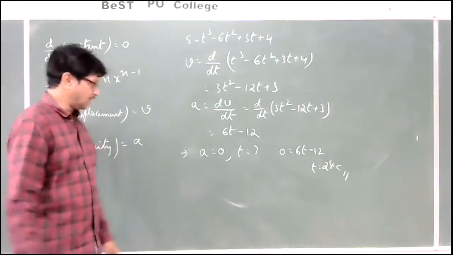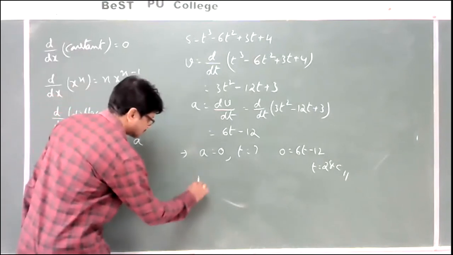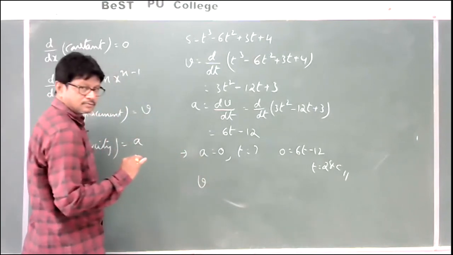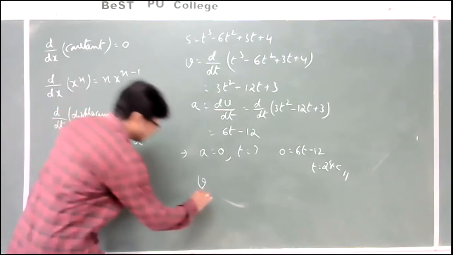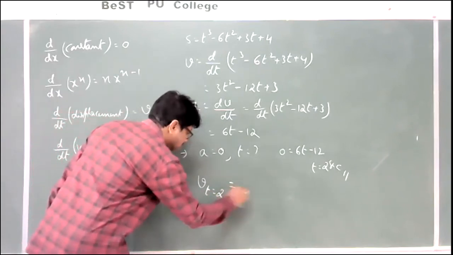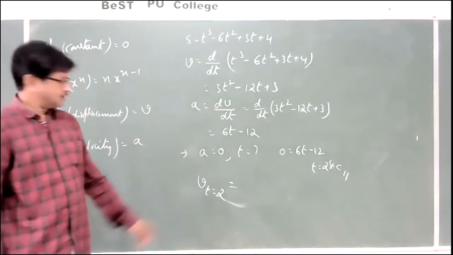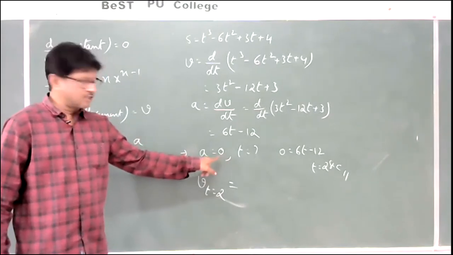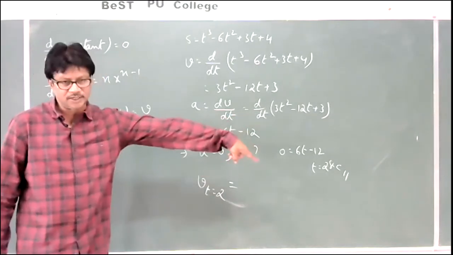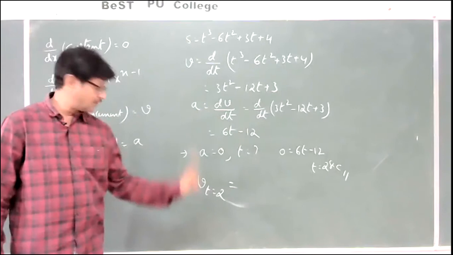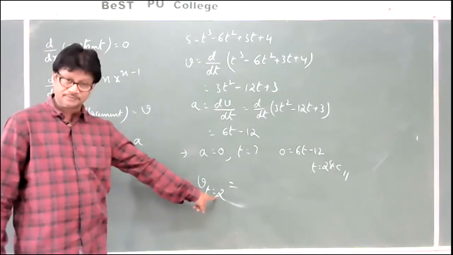So finally, he is asking us to find the velocity at t is equal to 2 seconds. After 2 seconds, the acceleration is becoming 0. At that time, what will be the velocity? That's what we are going to find.